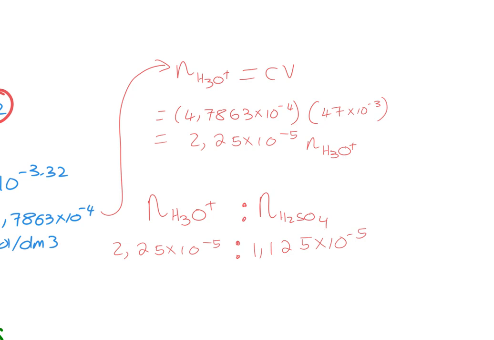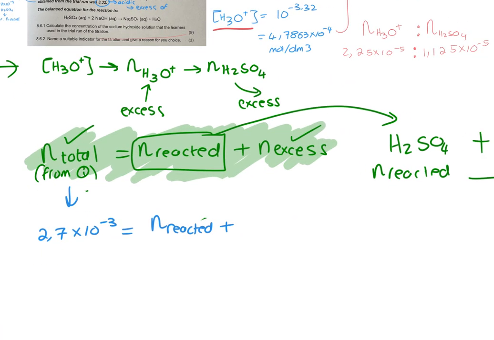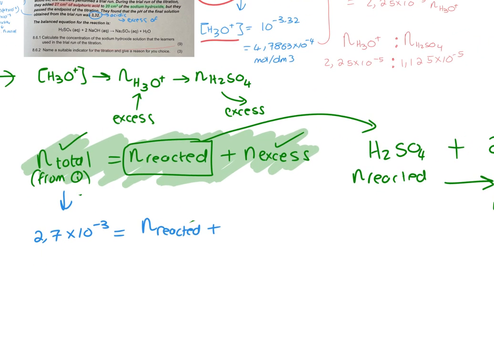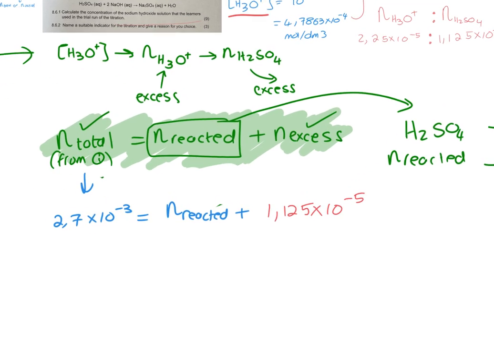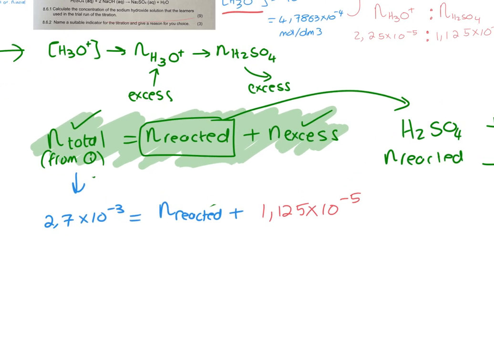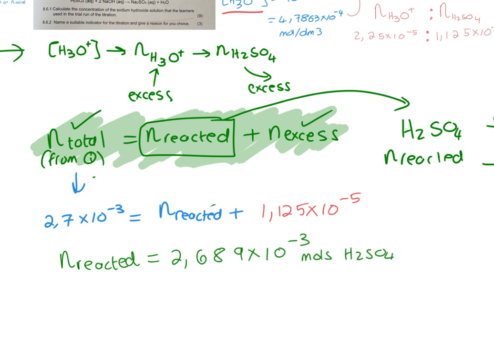So when we are going back to our equation here, we can now add that number in, which was 1.125 times 10 to the minus 5. And so now we have 2 out of the 3 numbers, and we can easily get N reacted. That gives us 2.689 times 10 to the minus 3 moles of H2SO4.